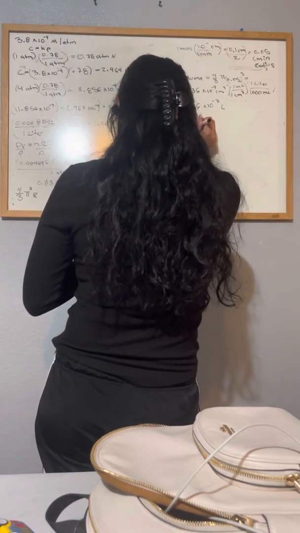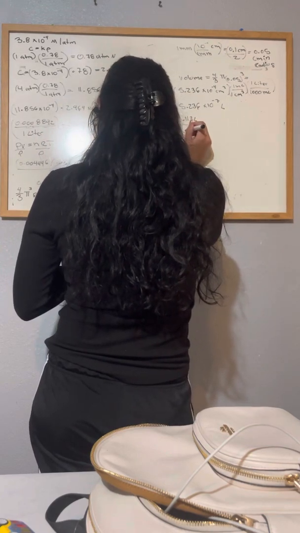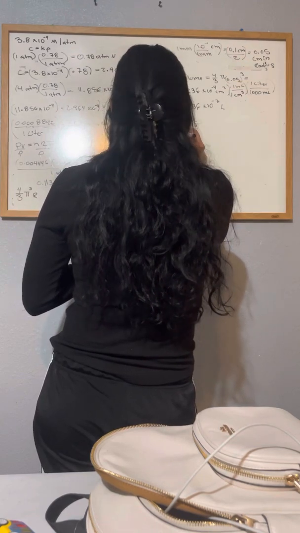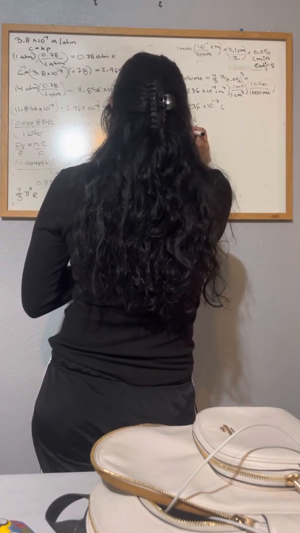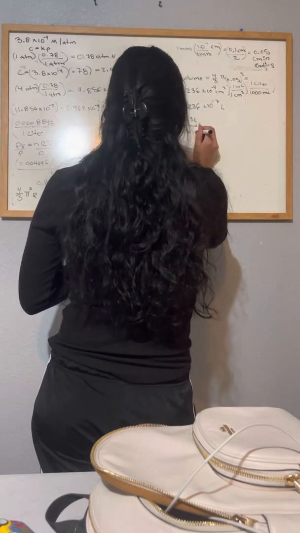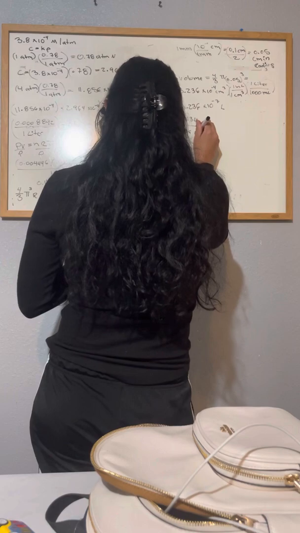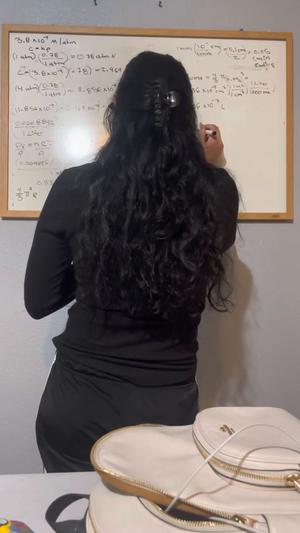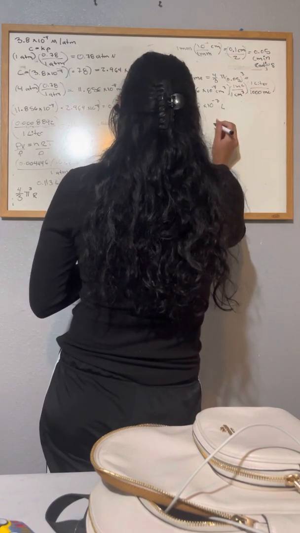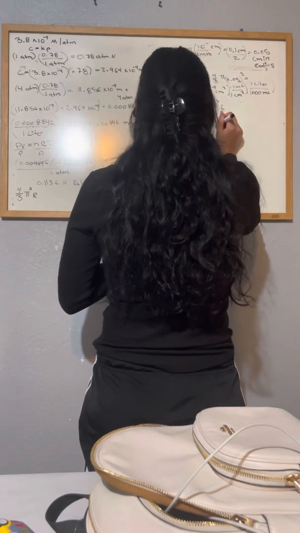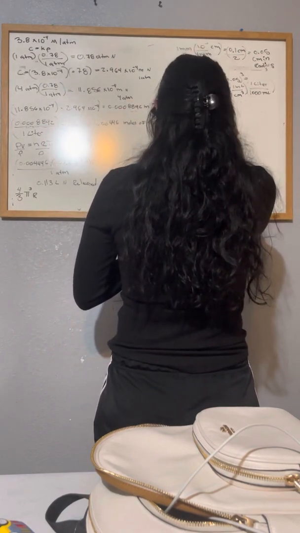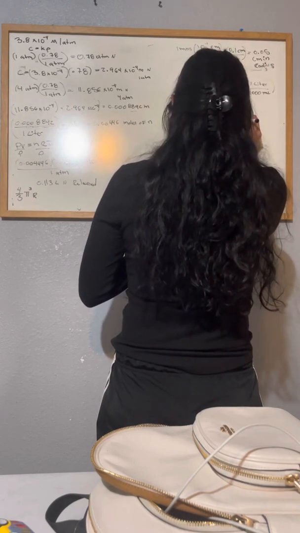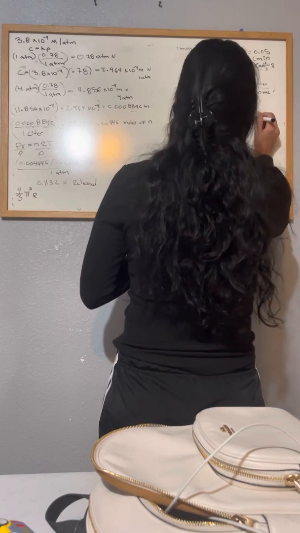So for every 5.236 times 10 to the negative 7 liters, that equals 215,814.28 bubbles.